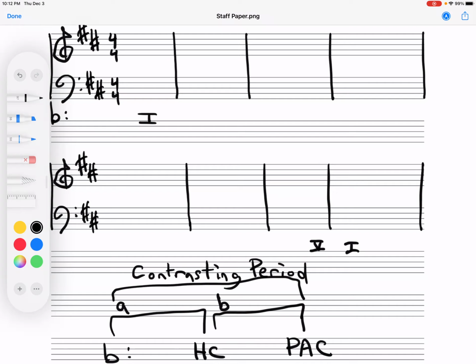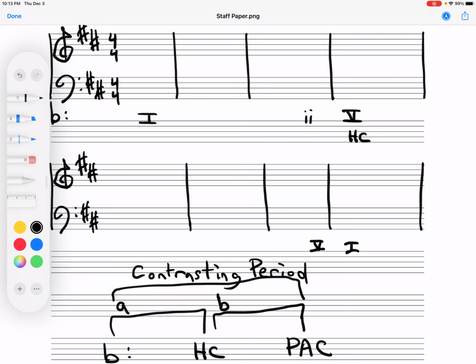So here, I'm going to put the 5. This is going to be the half cadence, and notice I'm putting it on the strong beat. Now, in between, I'm going to have 4 chords. You could put 5 or 6, but I'm just going to make all of these half notes to make it as easy as possible. So, let's see, maybe I'll put a 2 here, which is the most common.